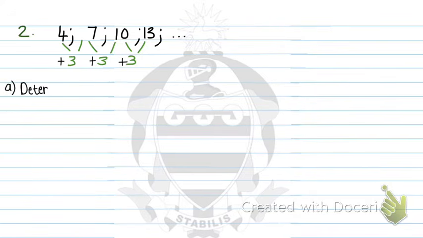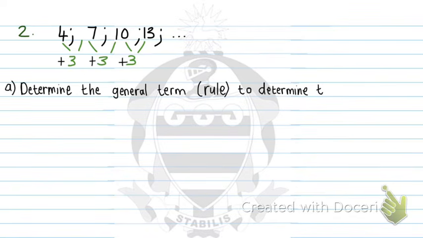The first question is to determine the general term or the rule to determine the nth term. So I have Tn equal to something n plus something. I have to put numbers in the places of the blocks.